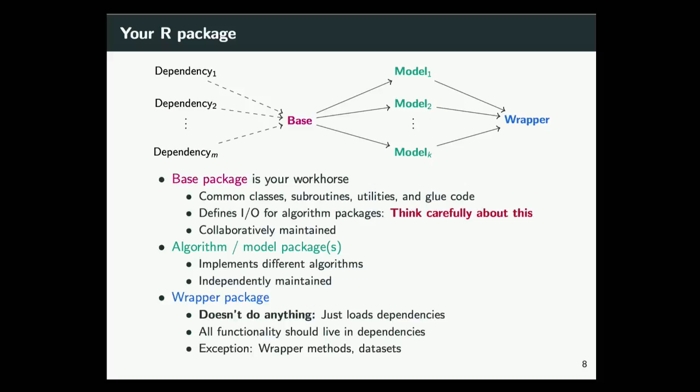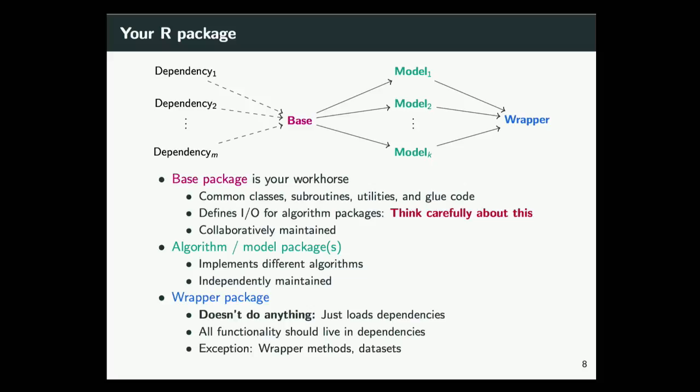And like I mentioned before, it's going to define the input-output for your algorithm packages. So all of these different algorithms are going to rely on whatever input-output interface is defined by your base package. And this is going to be a collaboratively maintained package. Everyone is going to work together on this. So there's a little bit of that monolithic flavor in this package, but we'll see the advantages down here.